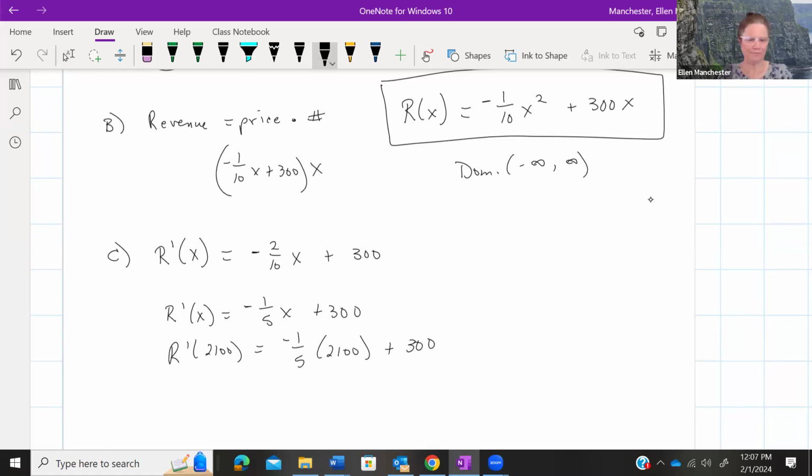And then I calculate. Okay, so I get negative 120.